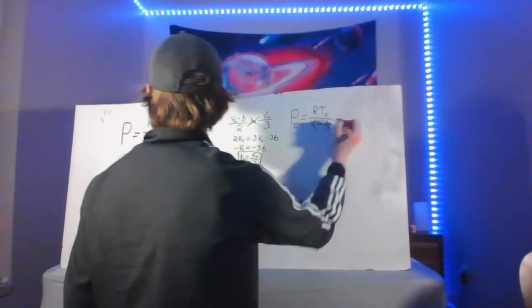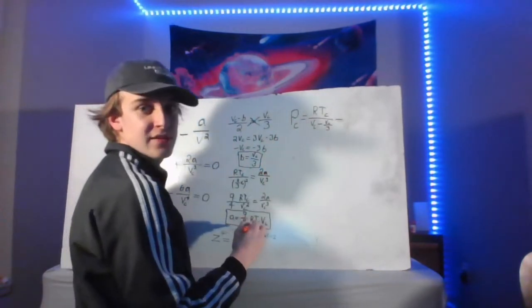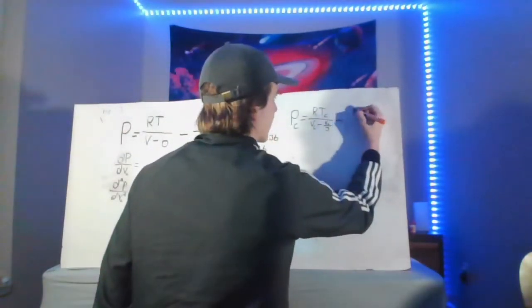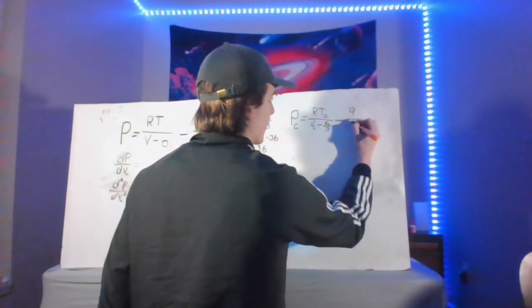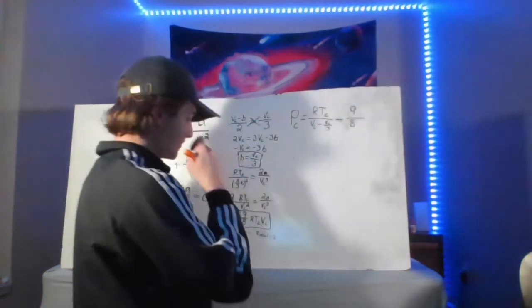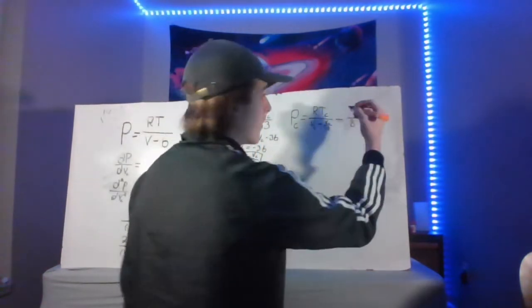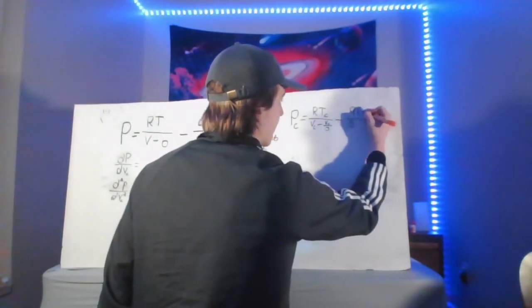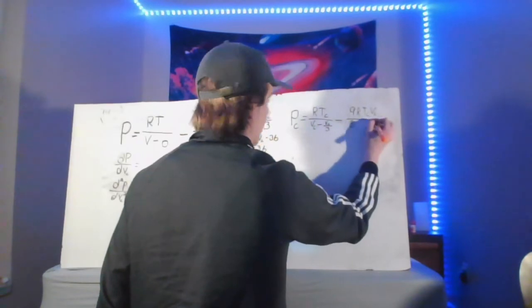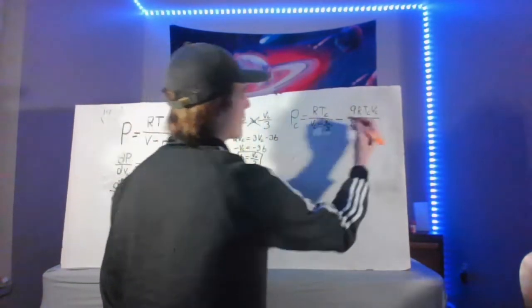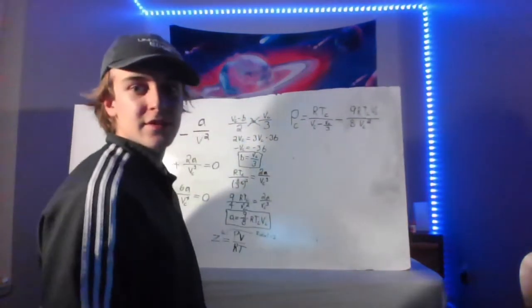And then minus a, which is this, so 9 over 8 R critical temperature, critical volume, and then we still have this critical volume squared from the van der Waals equation.